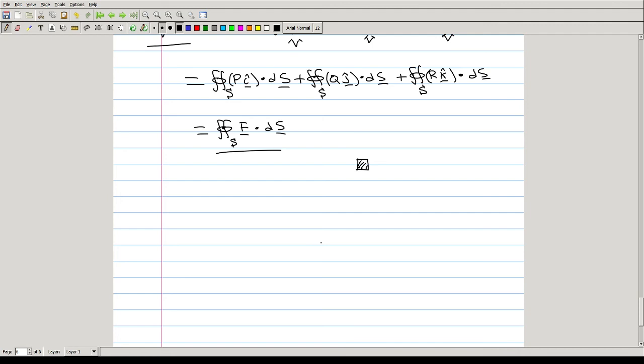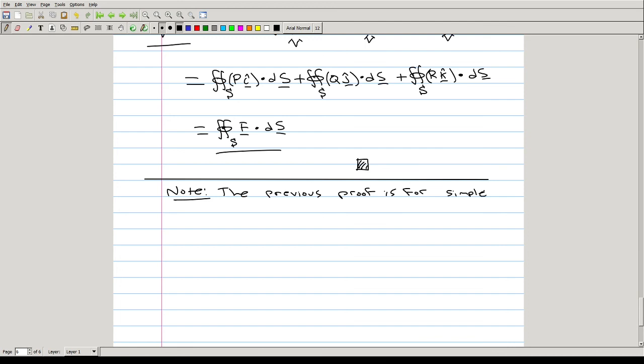Step 2, you want to note that the previous proof is for simple S. However, if S is not simple, we can break it into simple pieces.